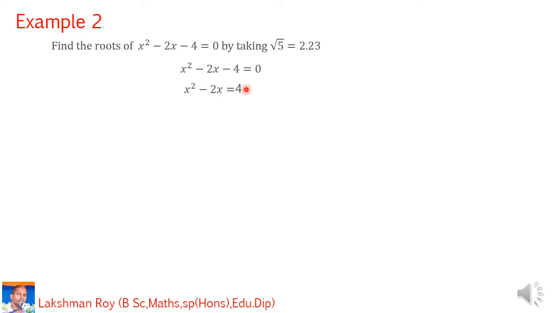Now next step. Left hand side has only two terms, so add one term. How to select the term you should add? Take the negative 2, divide by 2, negative 1.